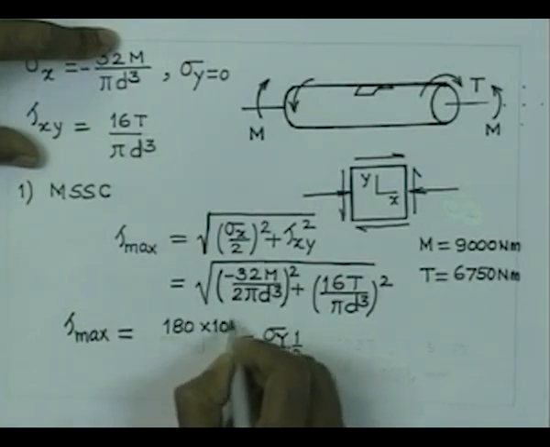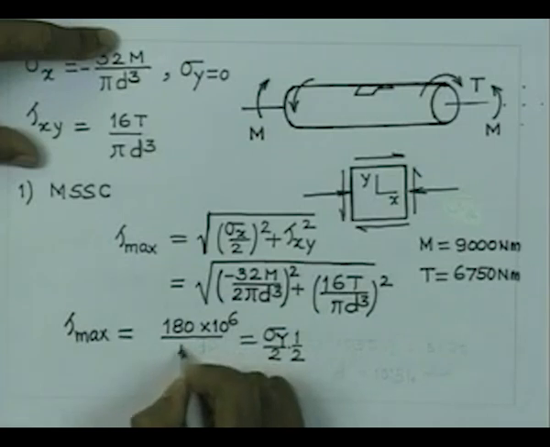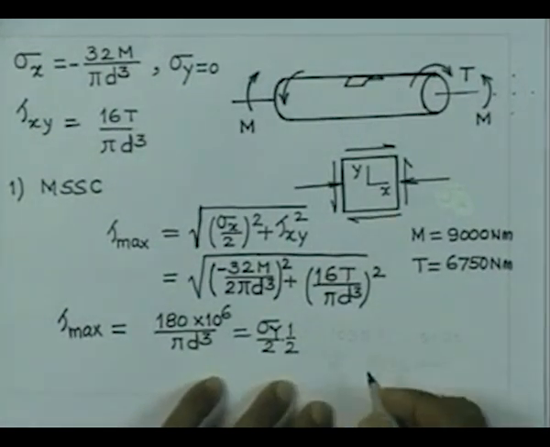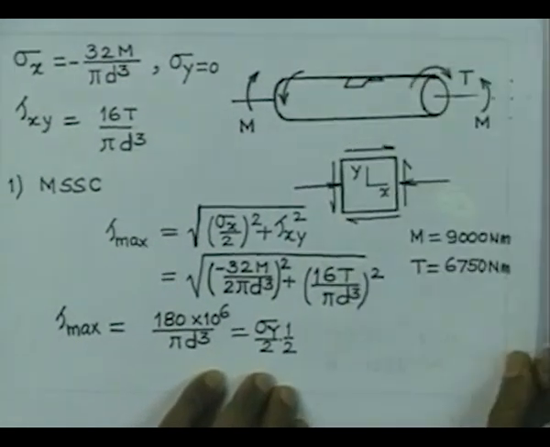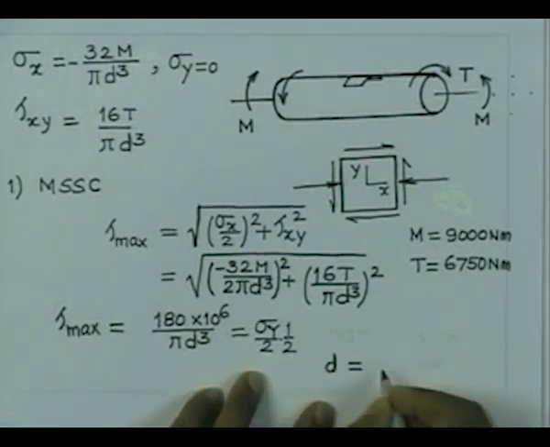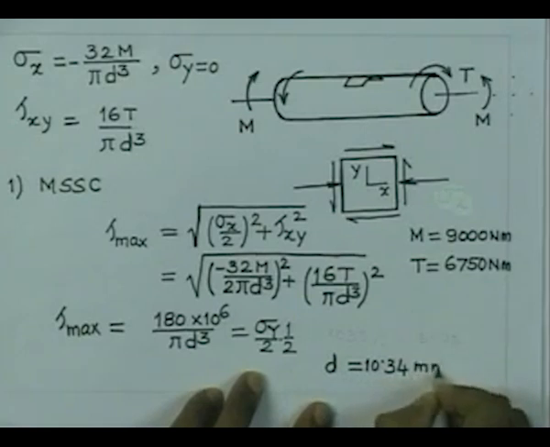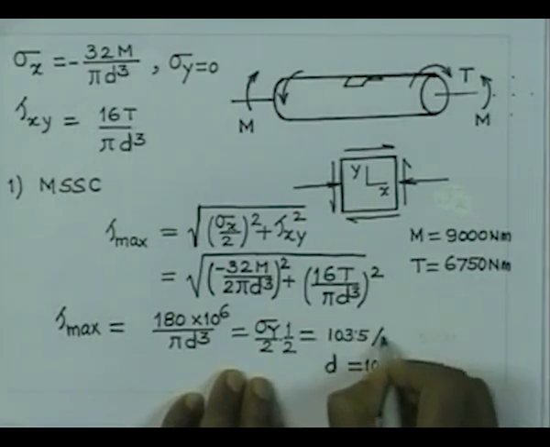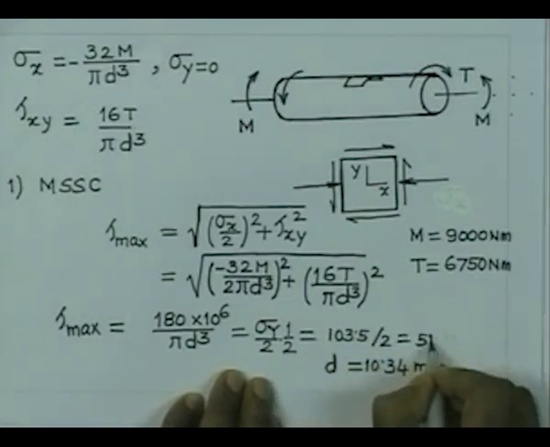into 10 to the power of 6 divided by pi d cube, and these are all in millimeter units, and therefore, what you get from this is that diameter d as 10.34 millimeter, and you can write this value as 103.5 by 2, which is 51.75.